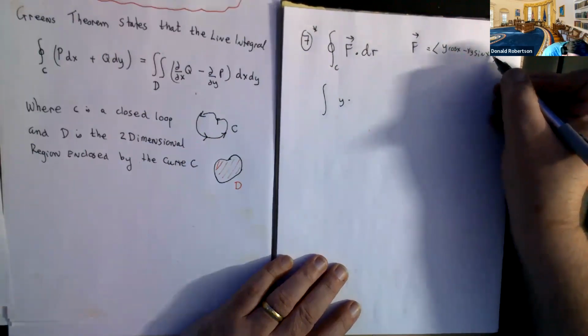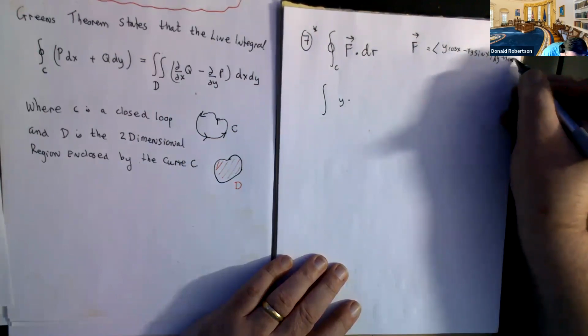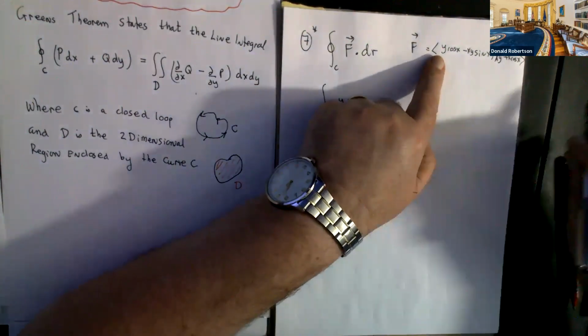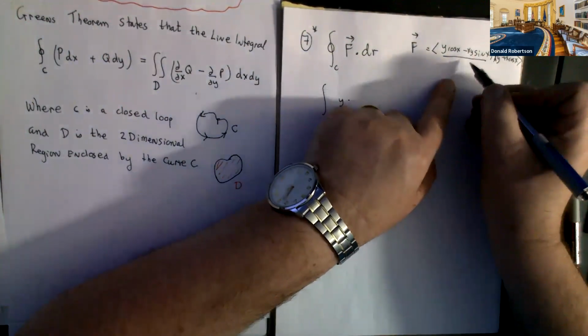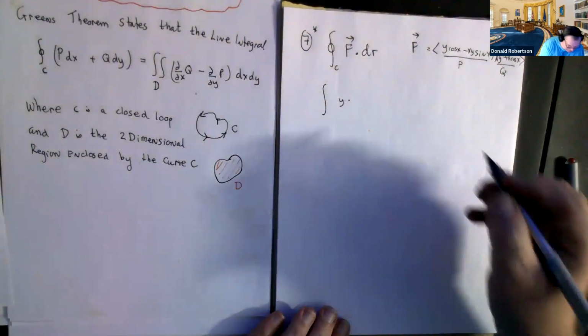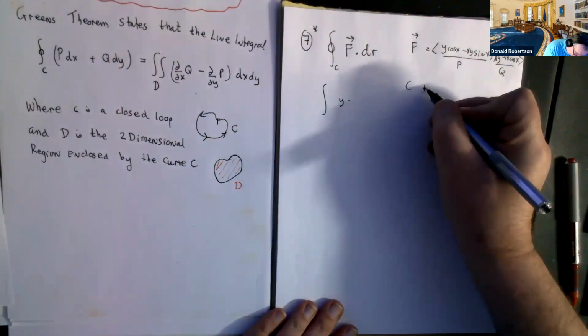Or maybe I will, comma, xy plus x cosine x. Now, that guy is P, that guy is Q. They also tell us what C is, and they say it's a triangle.